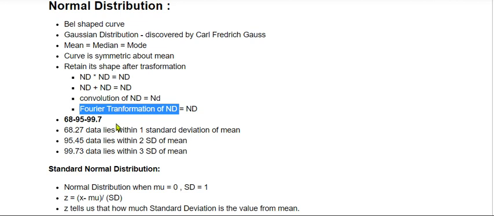Okay. Then there is another rule called 68, 95, and 99.7. This rule tells us that 68.27% of data lies within one standard deviation of the mean, 95.45% of data lies within two standard deviations of the mean, and 99.73% of data lies within three standard deviations of the mean.